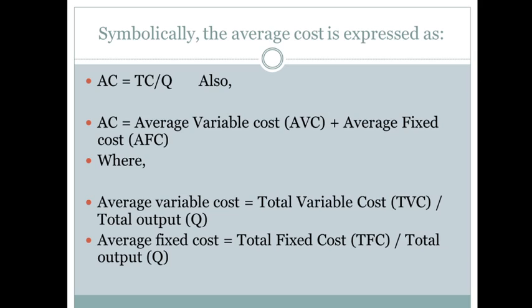For this, we first have to find average variable cost, which is the variable cost divided by total output, and then average fixed cost, which is the total fixed cost divided by total output.